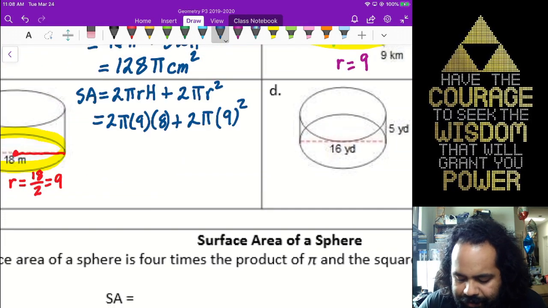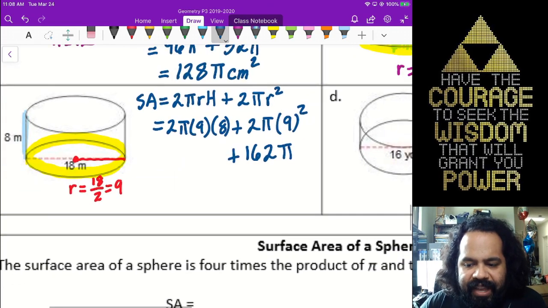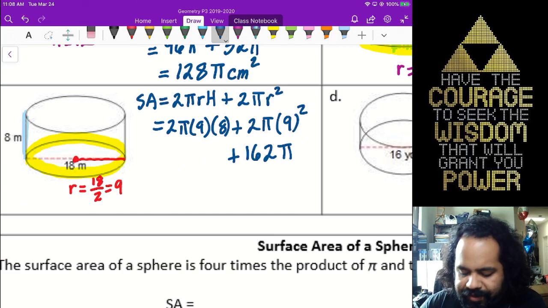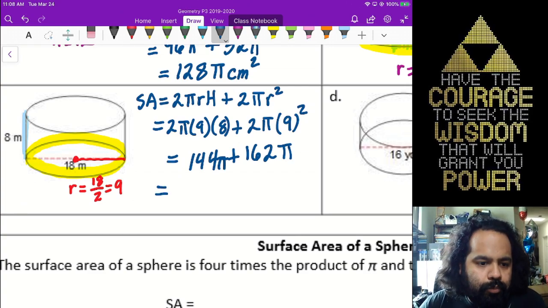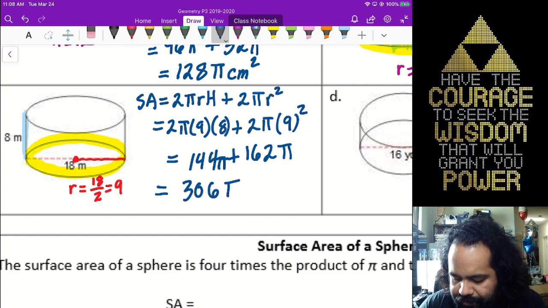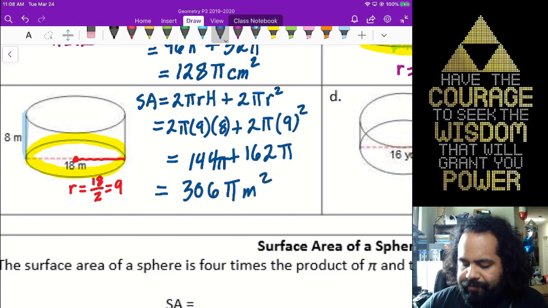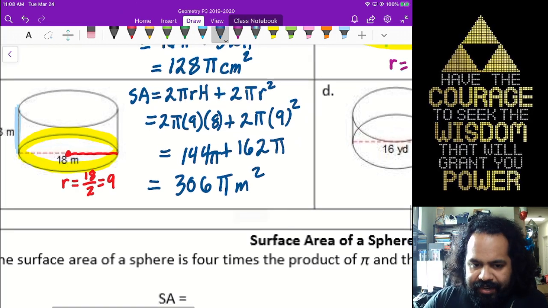So I know the right side is going to be 162. 9 times 8 is 72. 72 times 2 is 144. And of course, don't forget that pi. So, what is that? 306 pi meters squared.